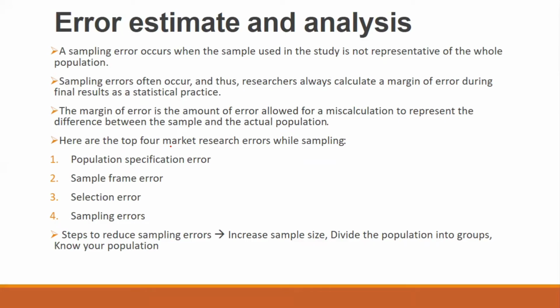Here are the top 4 market research errors while sampling. First one is population specification error, then sample frame error, selection error, and sampling errors. And the steps to reduce the sampling errors include either we can increase the sample size or divide the population into different groups or know your population.